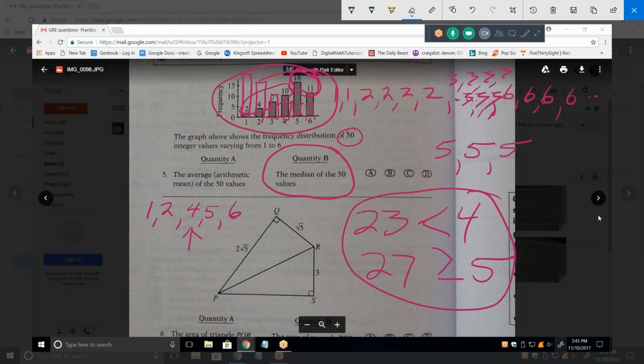But the way they have weighted it towards the 5s and 6s, well, clearly the median is 5. But the average isn't going to be 5. In other words, that maybe isn't the best example to give.